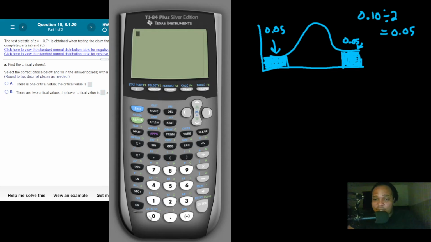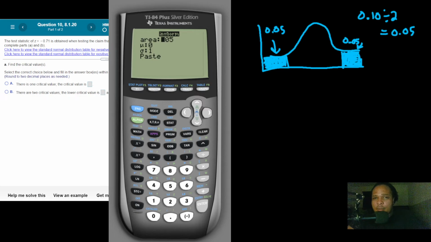So let's go to our calculator. All right, it's on. We're going to use inverse norm like we did in the last example. The area that we need is going to be in just one of those tails.